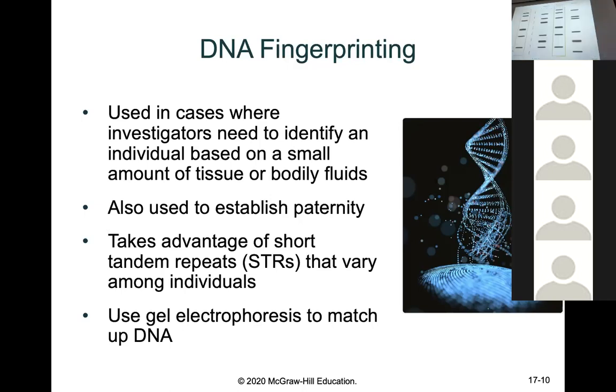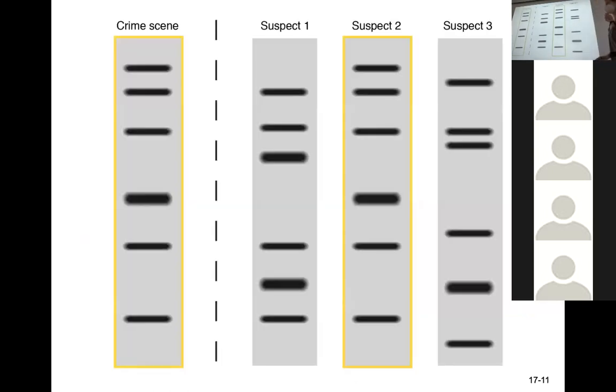So we have a crime scene on the left, and we run that DNA that we found at the crime scene through a gel electrophoresis, and we get these bands. So these are just different fragments of DNA, different sizes, right? So this is a really short fragment. That's going to be a really long fragment because it moves a lot slower.